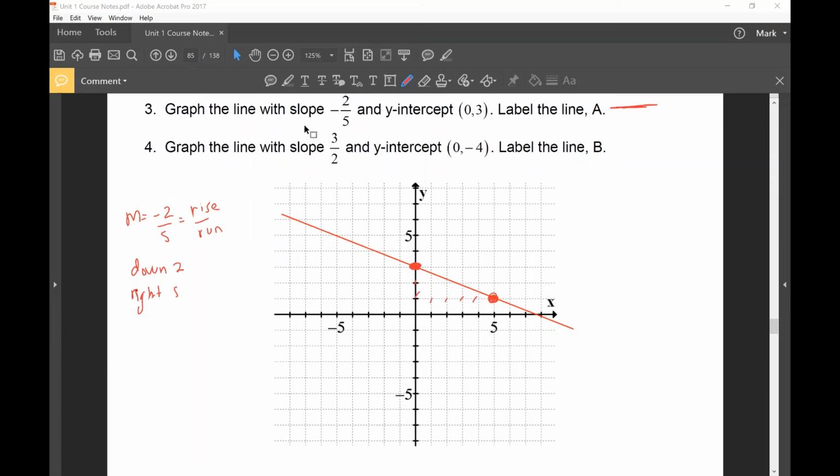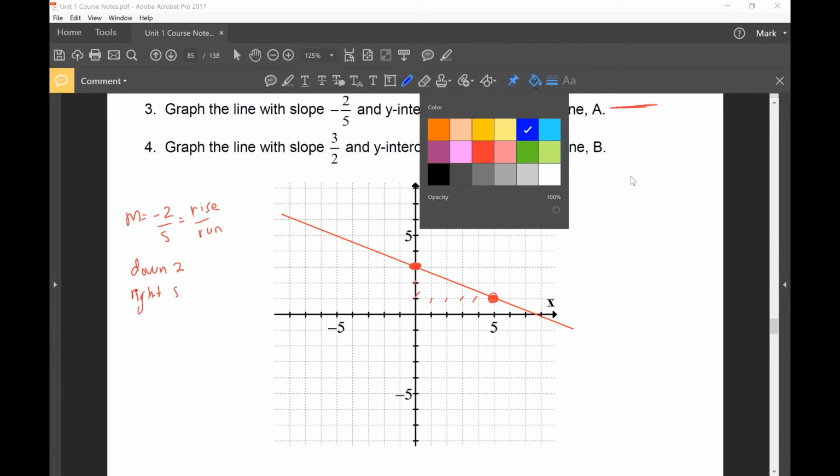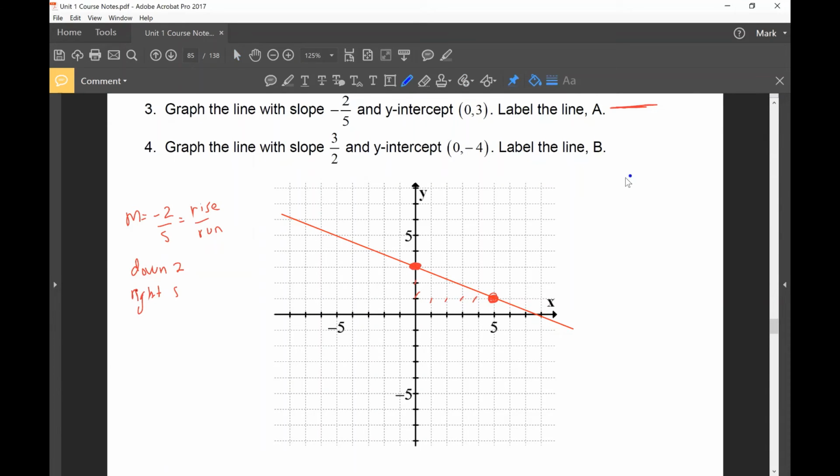Okay, so let's do B. I'm going to switch to blue for B. My intercept here is down at -4. And my slope for B is 3 over 2, which is my rise over my run. So I'm going to go up 3, right 2. 1, 2, 3 over 2.